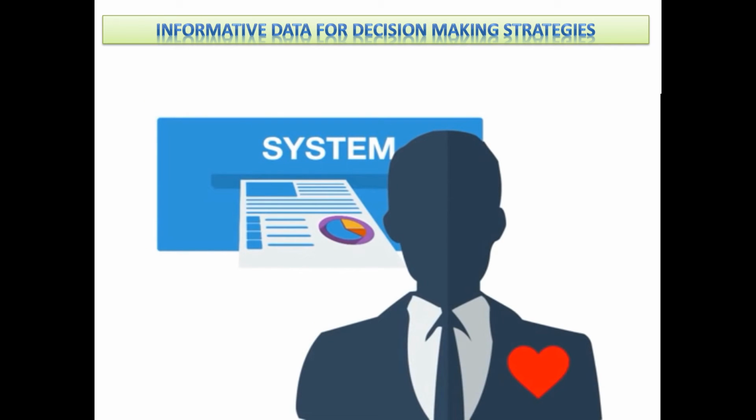Thus, the system will provide informative data which will be helpful for decision-making strategies. So it is just a three-way process. The client gives a request, the system analyzes things, and the system provides the informative data. So raw data is transformed into informative data via the BI system.